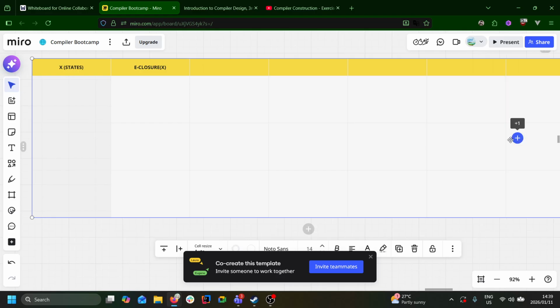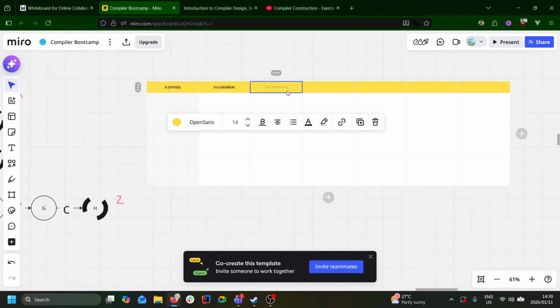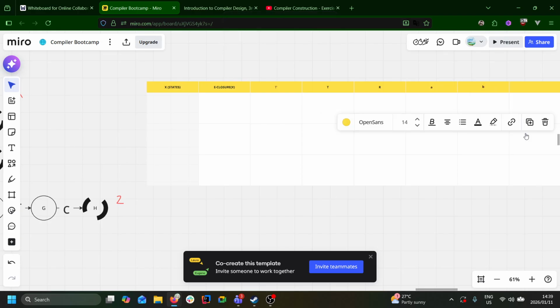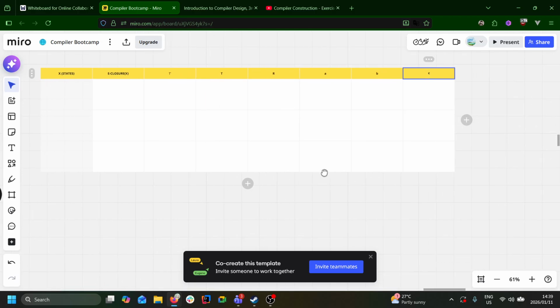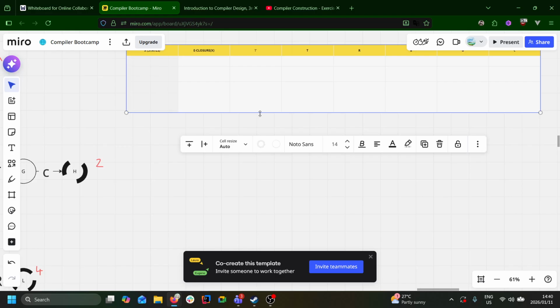That might be too big, but we'll see as we go. So you're going to have a transition for T prime, let's just start with T prime, a transition for T and a transition for R. Then you're going to have A, then B, then C over here. I'm just going to lower this, then lower this, and then lower this.